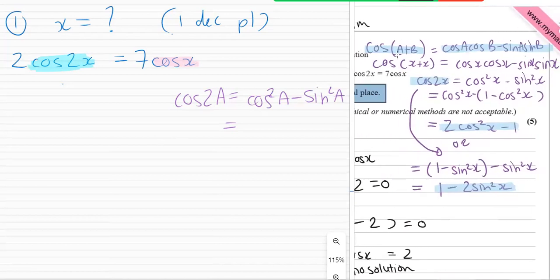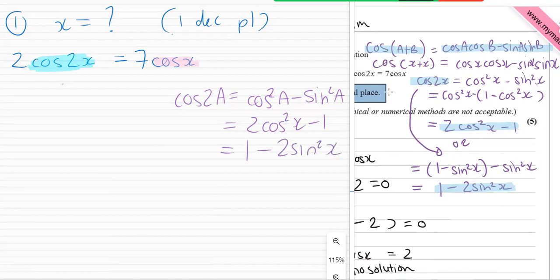All we did is manipulate the compound angle formula in order to get these double angles. So it's just algebraic manipulation. The second one is 2 cos squared a minus 1, and the third one is 1 minus 2 sine squared a.